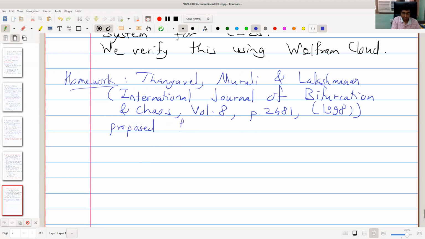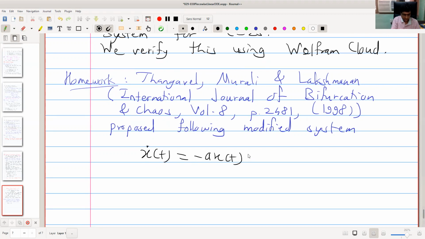In this paper, these researchers proposed the following modified system: x dot of t equal to minus a x of t plus b f of x of t minus tau plus c. So plus c is the different thing.